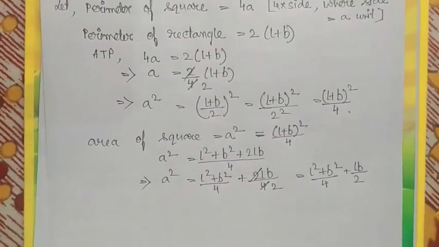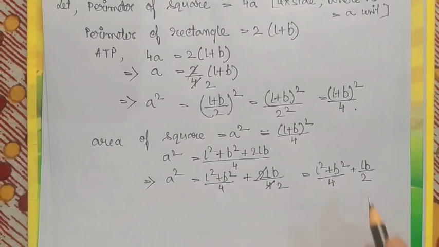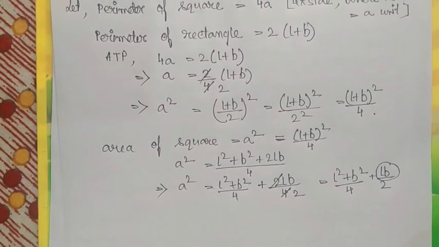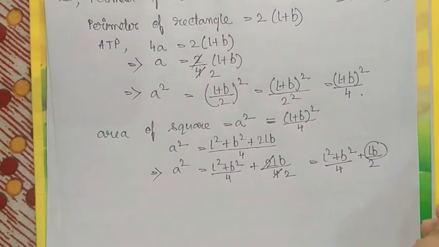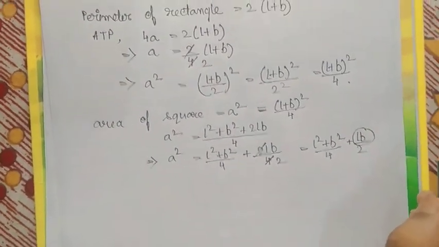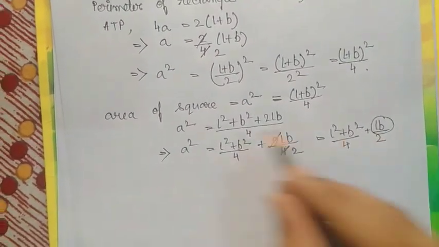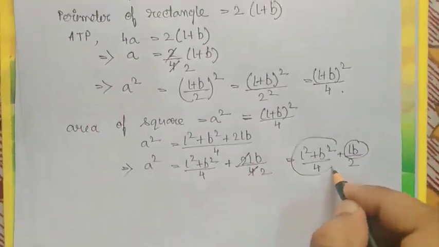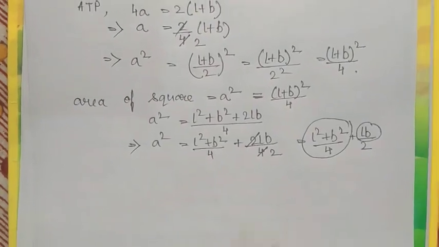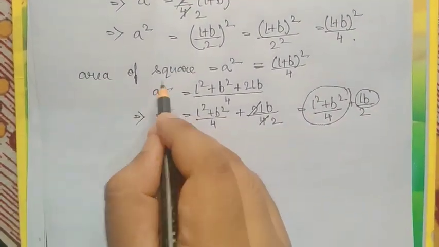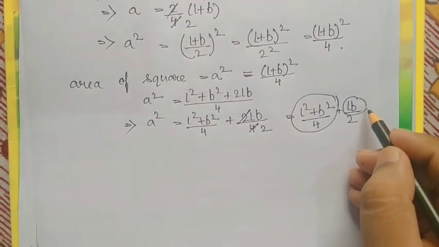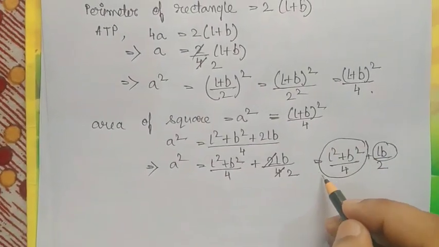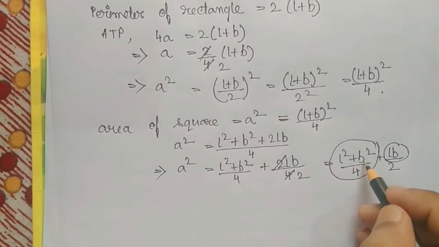Now all of you know that LB is the area of the rectangle. Area of the rectangle is length into breadth. So you can see area of the square is LB by 2 plus something. So therefore area of the square means half of the area of the rectangle plus the length square plus the breadth square by 4.